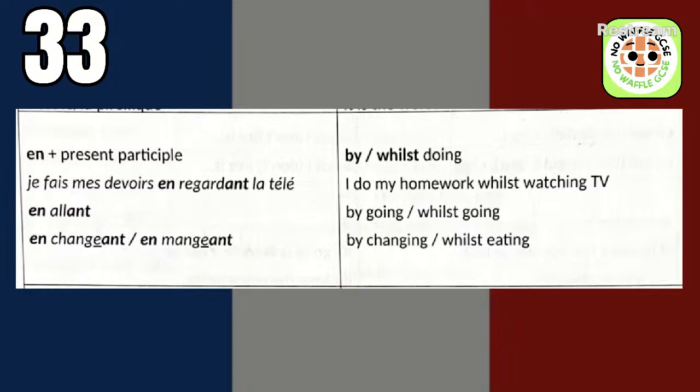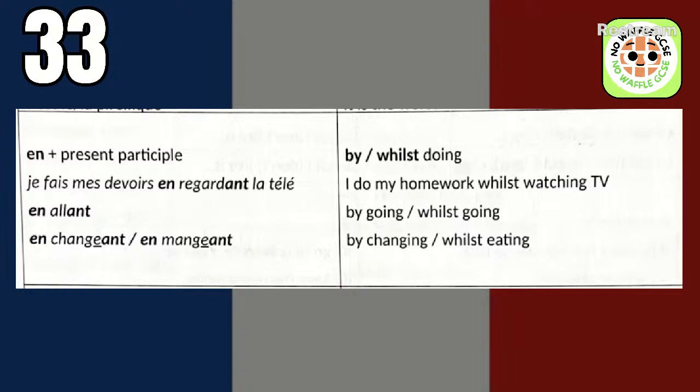So if you wanted to say whilst eating, en mangeant, en changeant, what you do is you take the nous form of the verb and you get rid of what's behind that nous form, and you then just add ant to that, and you put en in front, and that effectively means whilst something. So en allant, by going, en changeant, by changing, etc.